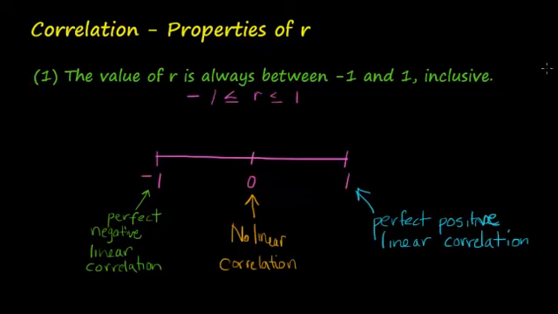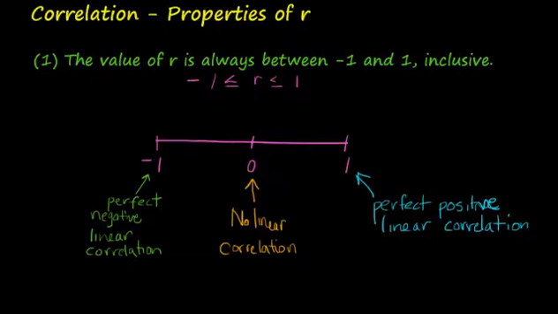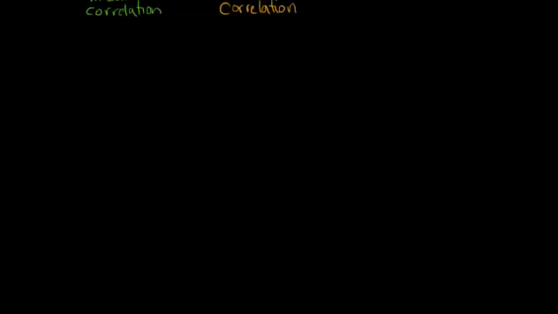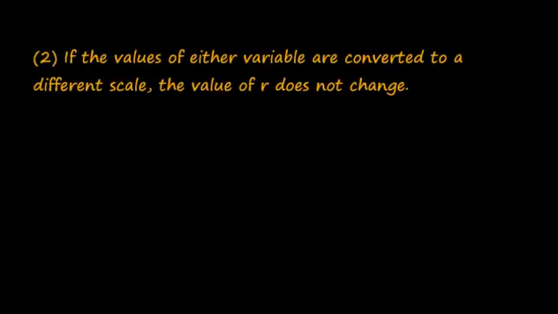Okay, let's look at the second property of the linear correlation coefficient r. If the values of either variable are converted to a different scale, the value of r does not change. So in other words, if I had heights in inches and I changed them to centimeters, it wouldn't change anything about whether or not there's a linear correlation.